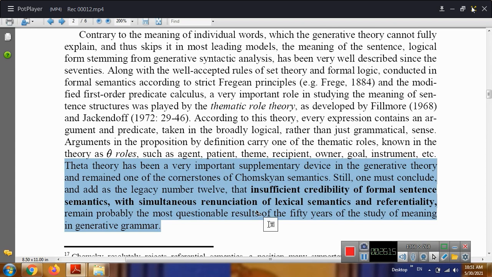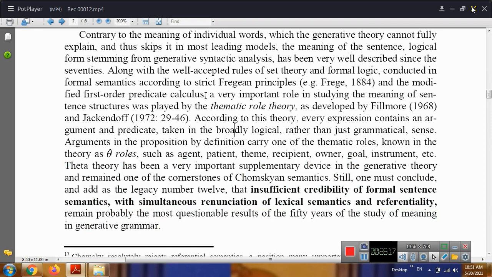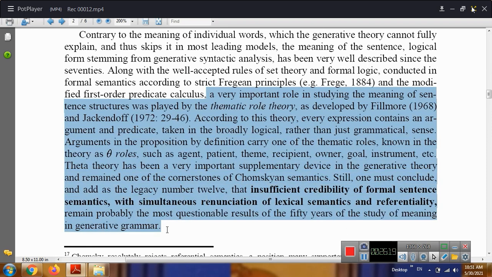Okay, these lines are important. We told you about the semantic role theory, which was developed by Fillmore and Jackendoff. Based on this theory, every expression contains an argument and predicate, in the logical sense rather than the grammatical. The arguments in the proposition carry one of the semantic roles, which we call theta roles.